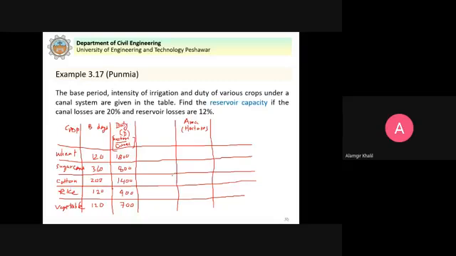Now the areas that are given here, 4800 area under the crop here, 4800. Then we have 5600.